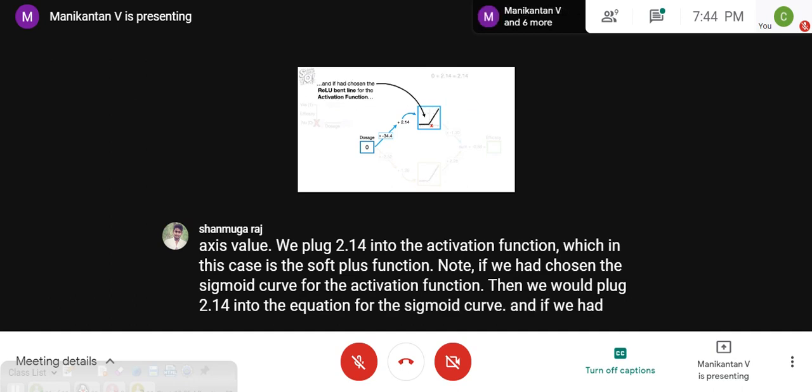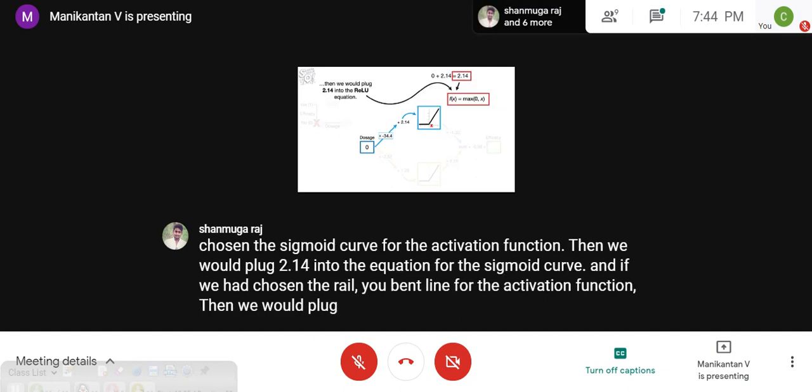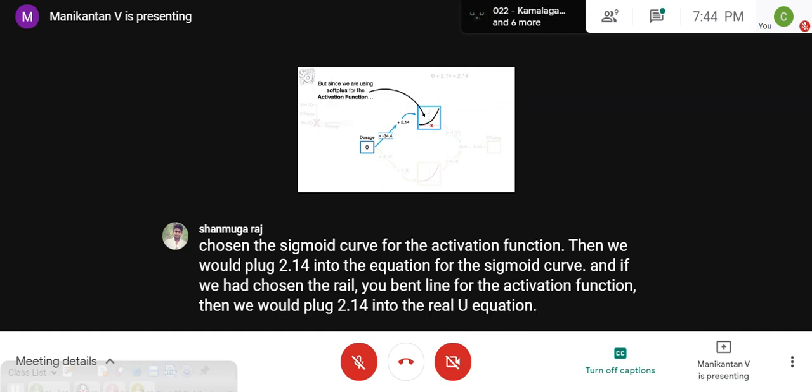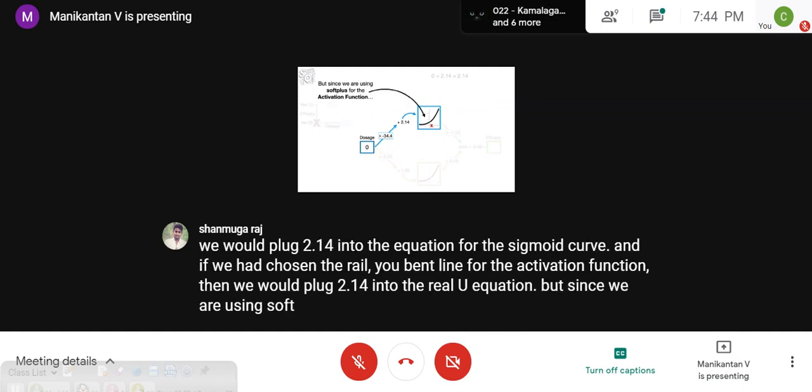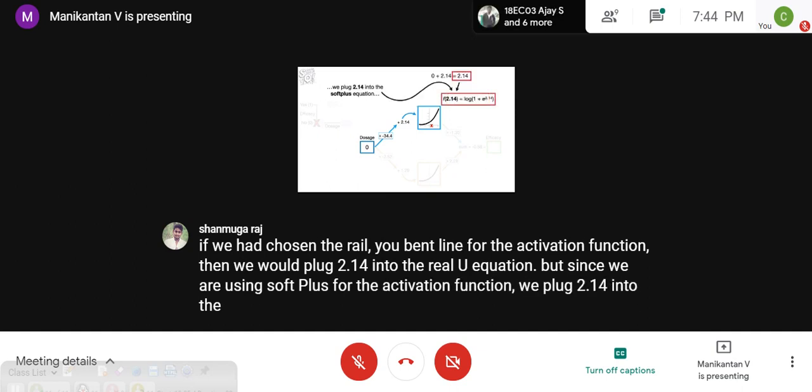And if we had chosen the ReLU bent line for the activation function, then we would plug 2.14 into the ReLU equation.